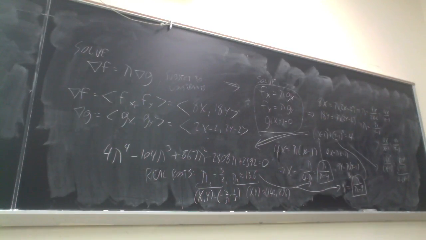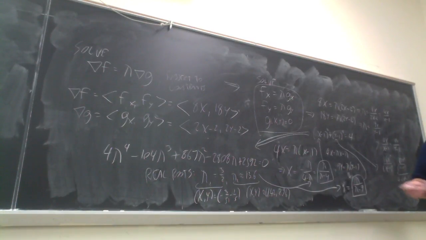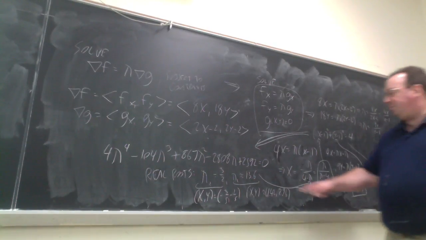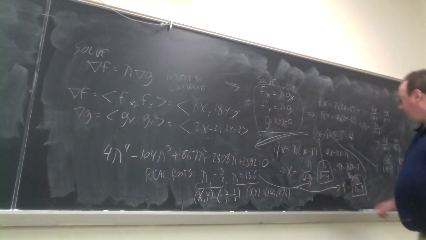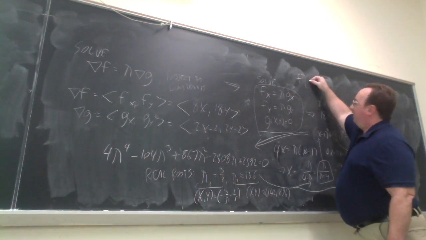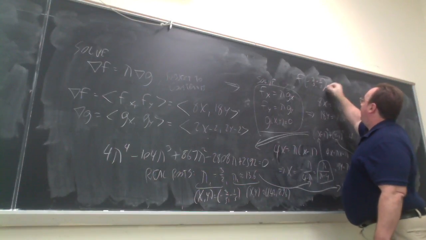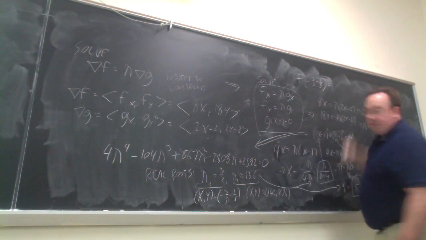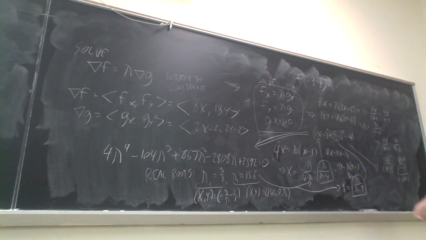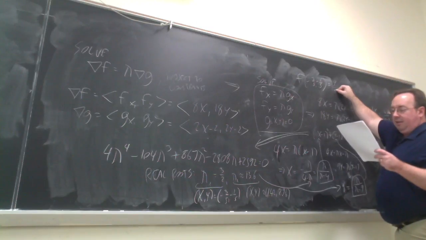Okay. Then the very last thing is, now that you have critical points, you don't know which one of these is the max or min, subject to the constraints. So you can take these points and substitute them back into f. So minus 3/5, minus 1/5 gives us a value of 9/5.